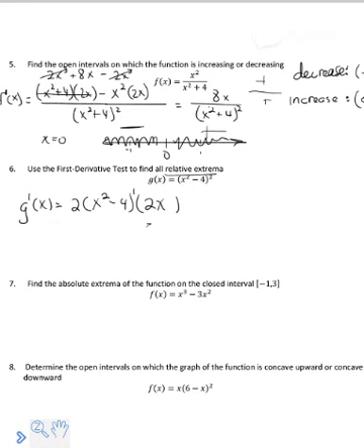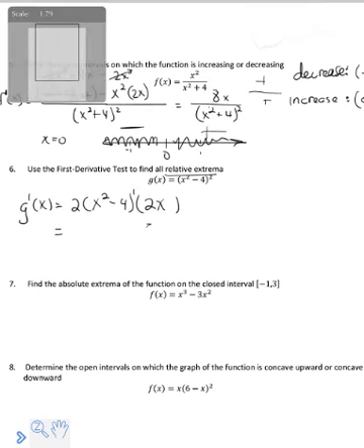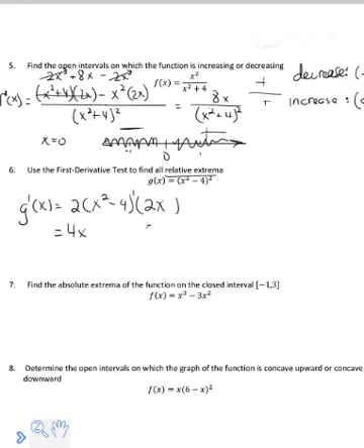So g prime of x is going to be 4x times x squared minus 4. X squared minus 4 is the difference of squares. It becomes 4x times x minus 2 times x plus 2. So the critical numbers are x equals 0, x equals 2, and x equals negative 2.